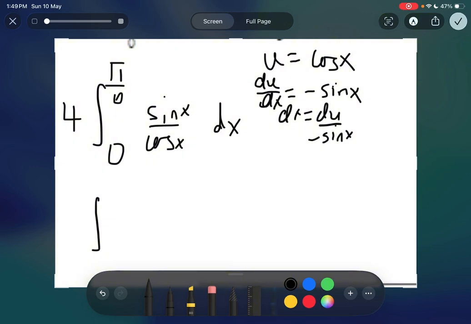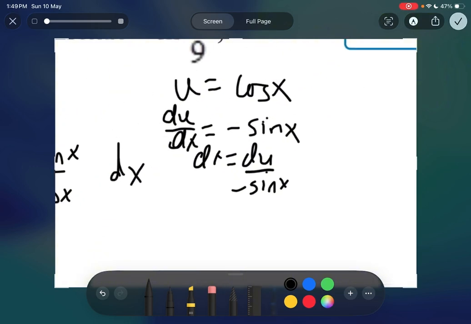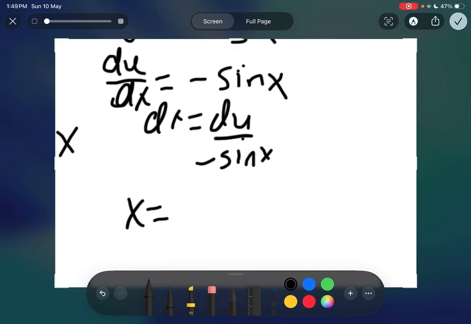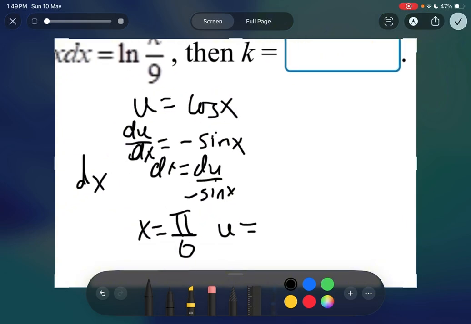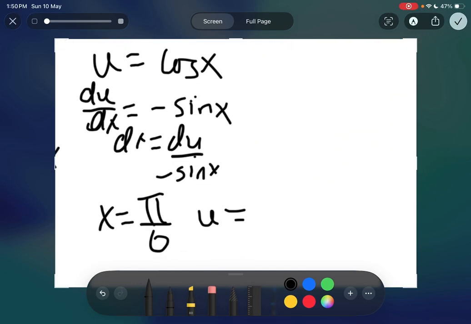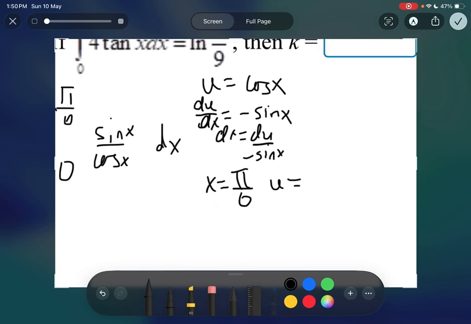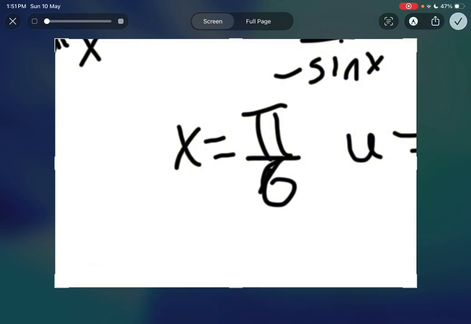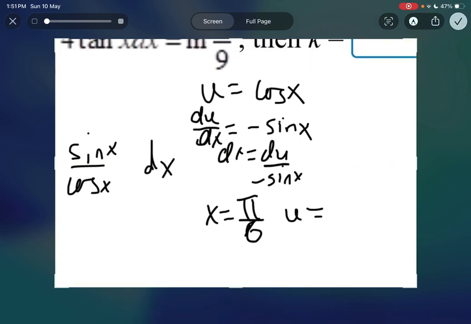You find the new points and change the boundaries, because when you get u, for x equal to pi over 6, u will be equal to cosine of pi over 6. Sorry guys, give me a second.